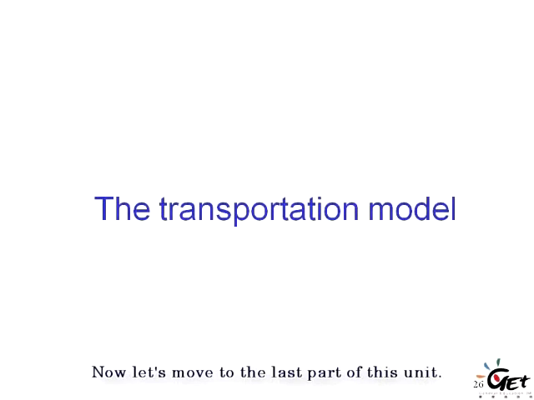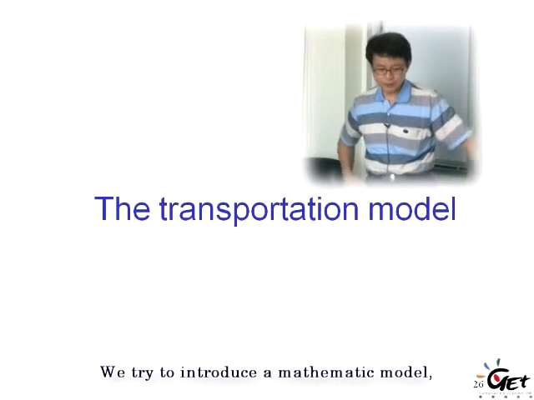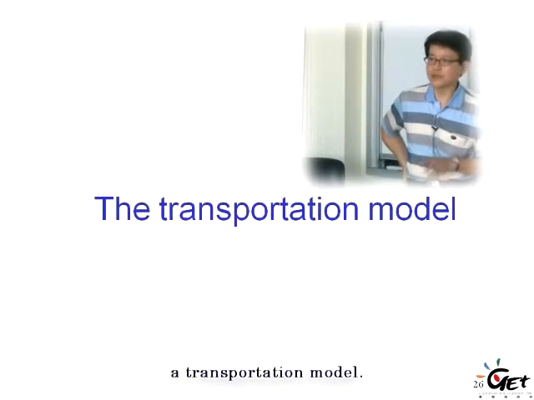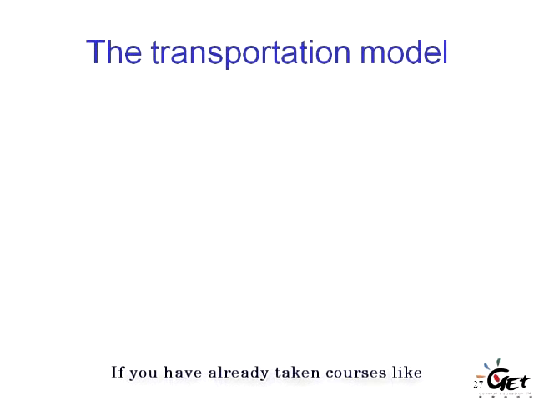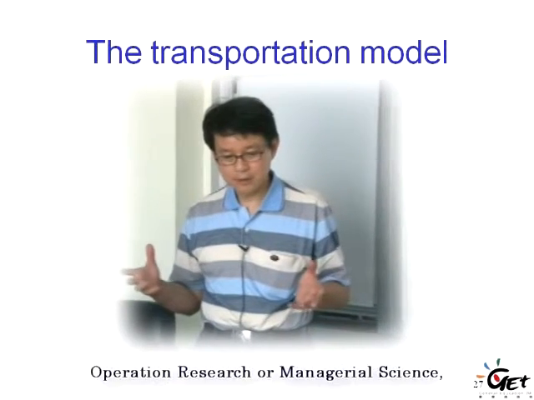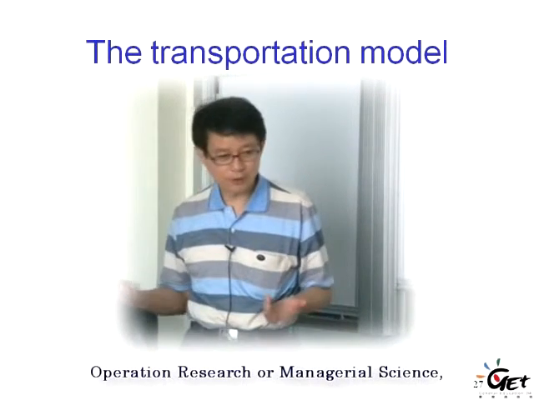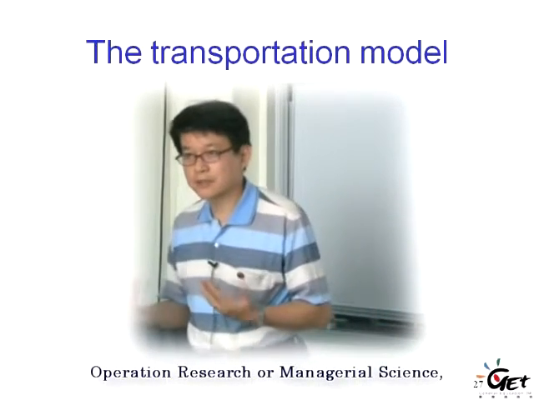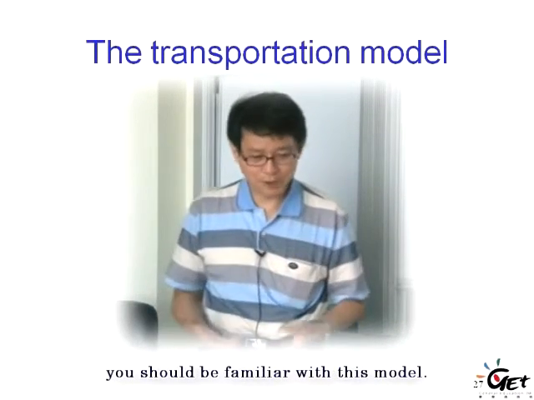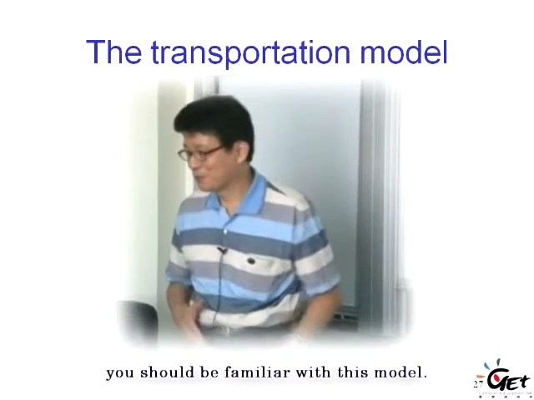Now let's move to the last part of this unit. Now we introduce a mathematical model, a transportation model. If you have already taken courses like operations research or management science models, then you should be familiar with this model.